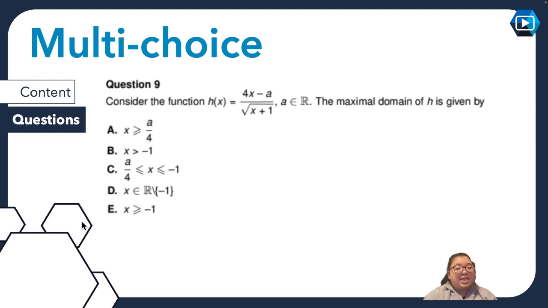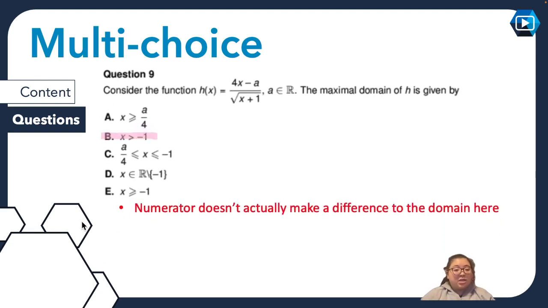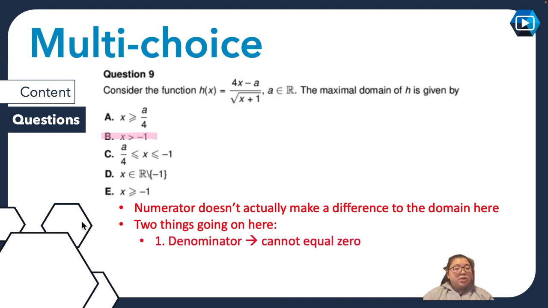So what we can identify here is that the main problem is actually the denominator. The numerator won't really make a difference to the domain here. It will only make a difference to the range that you produce from it. So we have two things going on in terms of the denominator. First, our denominator cannot equal 0, because it's the denominator.